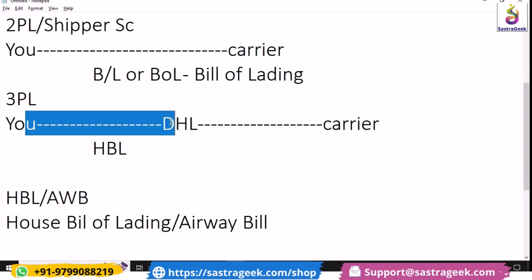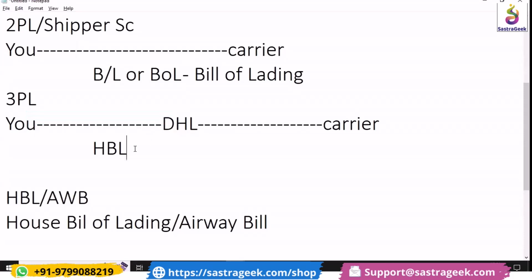That document is called a house bill of lading document, and the number printed on that particular document, which you usually use for tracking purposes, is called the house bill of lading number. That house bill of lading number is the one you are going to use from a tracking perspective.